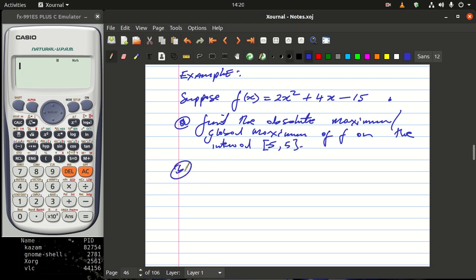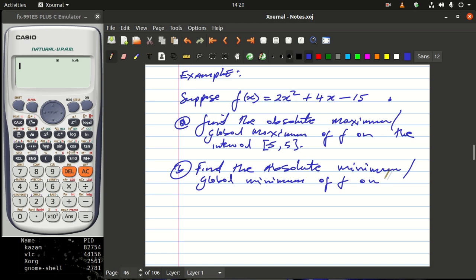The second question is going to say find or evaluate or calculate the absolute minimum, or someone might say the global minimum of f on the interval minus 5 and 5.